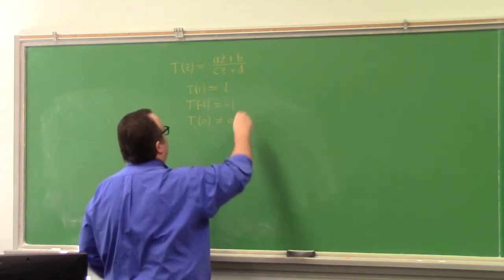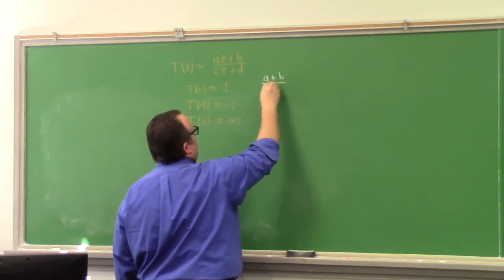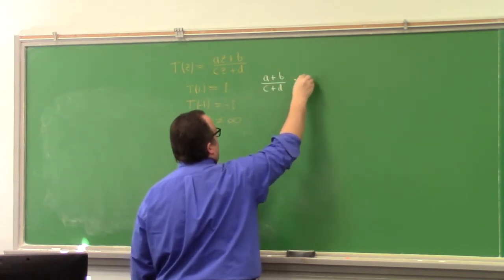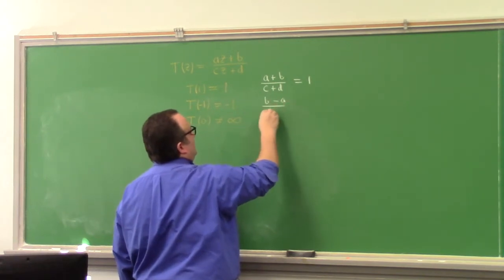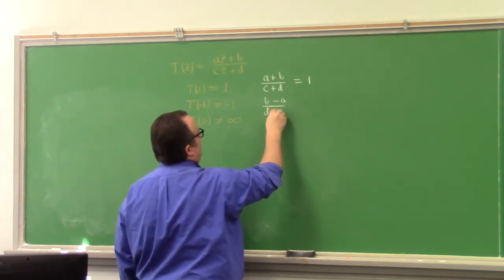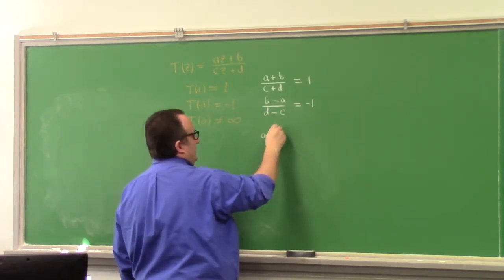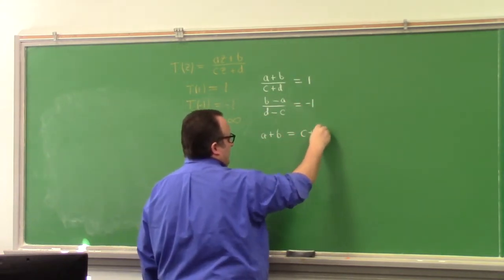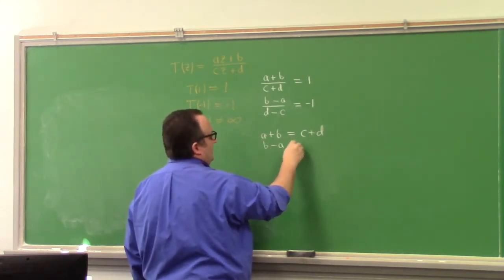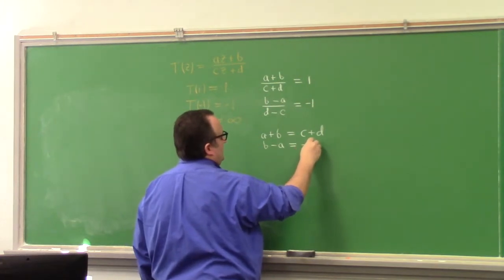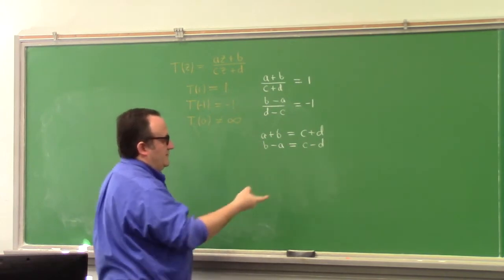is T of 1 equal to 1 gives me a plus b over c plus d equal to 1. And the next one gives me b minus a over d minus c equal to -1, right? So we have a plus b equal to c plus d, and we have b minus a equal to c minus d, right? Multiplying through the other side.